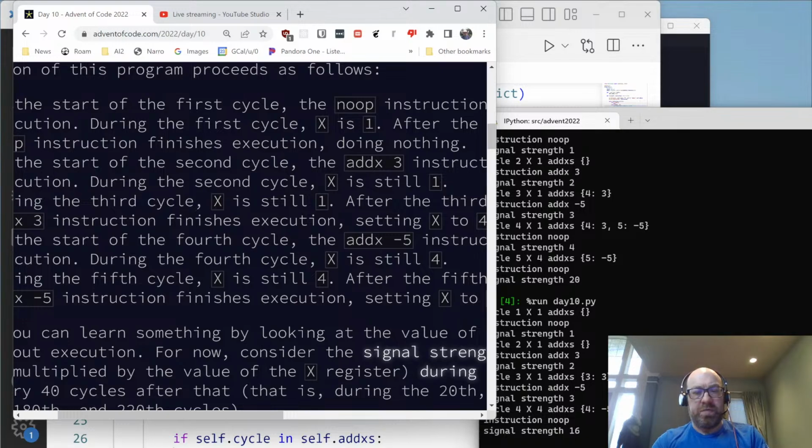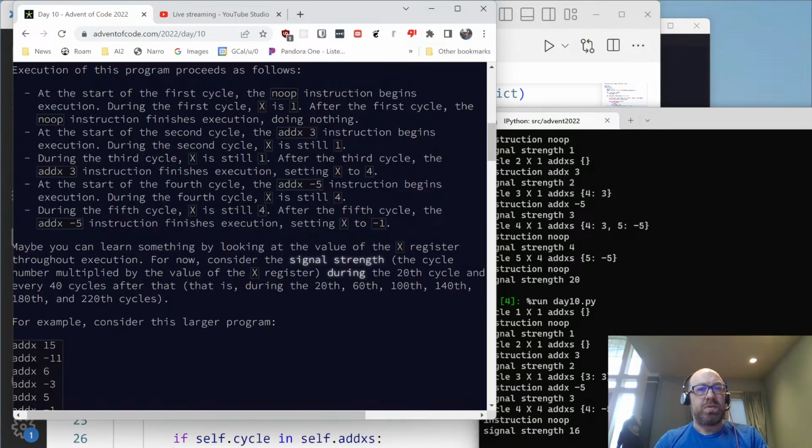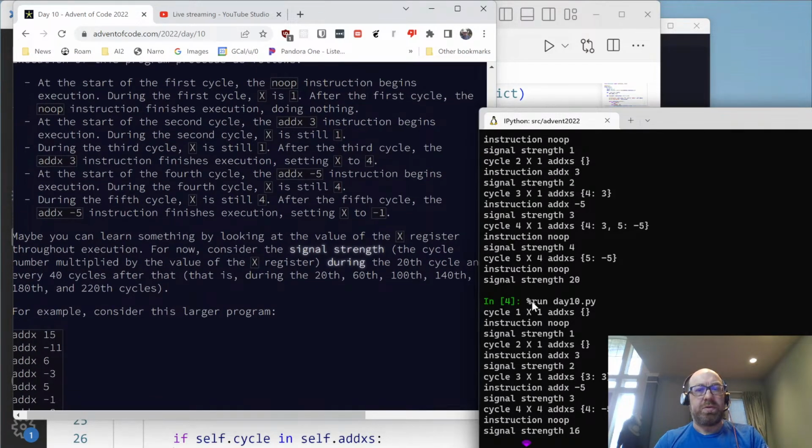During the start of the first cycle, the noop instruction begins execution. During the first cycle, x is 1. During the second cycle, the addx 3 begins execution. During the second cycle, x is still 1. X is still 4.